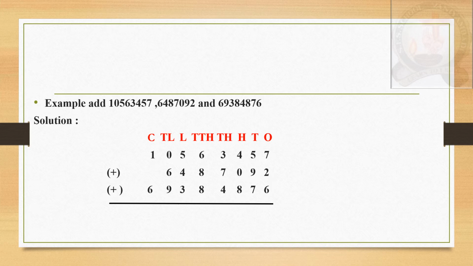Now 2 plus 5 is 7, 7 plus 4 is 11, 11 plus 3 is 14. For 14, write 4 and 1 carry to the next digit. 1 plus 0 is 1, 1 plus 6 is 7, 7 plus 9 is 16. For 16, you write 6, 1 carry, 1 plus 1 is 2, 2 plus 6 is 8.